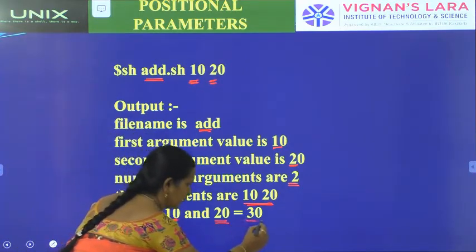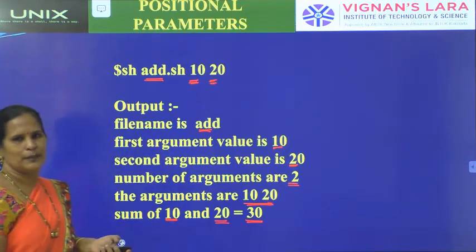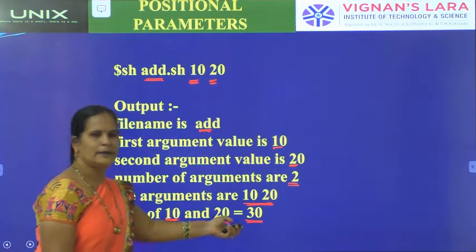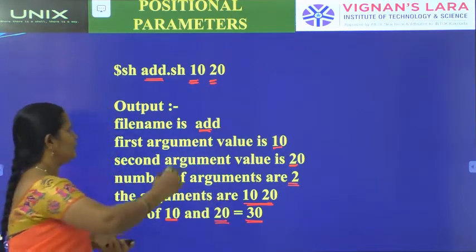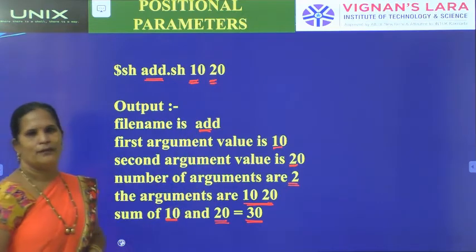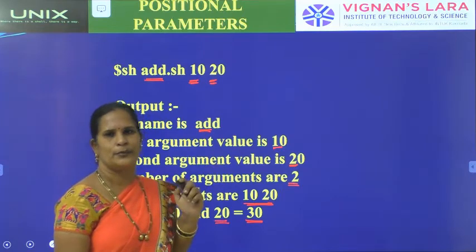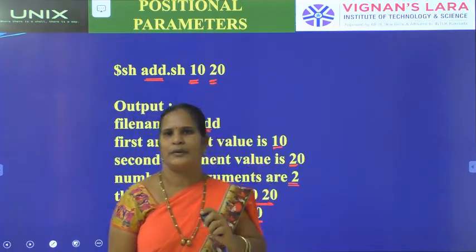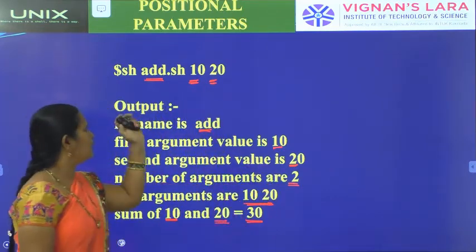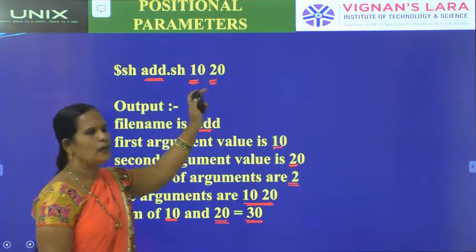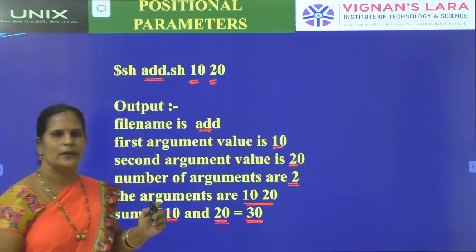C contains the sum of these two positional parameters. 10 plus 20 is equals to 30. Like this we have to submit the positional parameter values. The arguments submitted to the shell script are known as positional parameters. While compiling only we have to submit these arguments, otherwise it will not display the output.